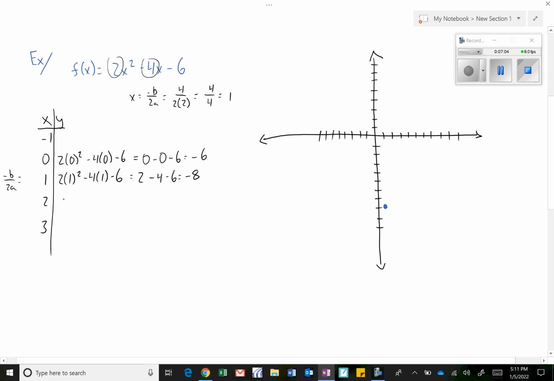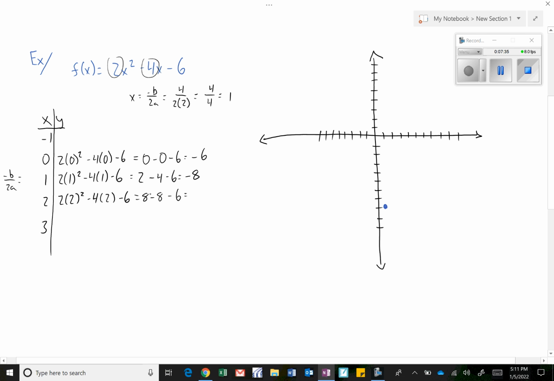And then real quick, I'll do x is 2. So that would be 2 times 2 squared minus 4 times 2 minus 6. When I reduce, 2 squared is 4, and 4 times 2 is 8. And then minus 4 times 2 is 8 again, and minus 6.